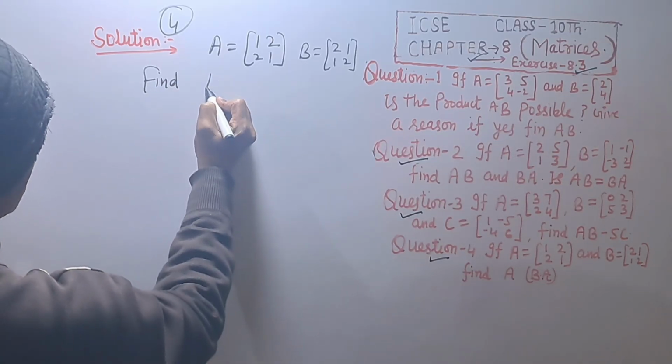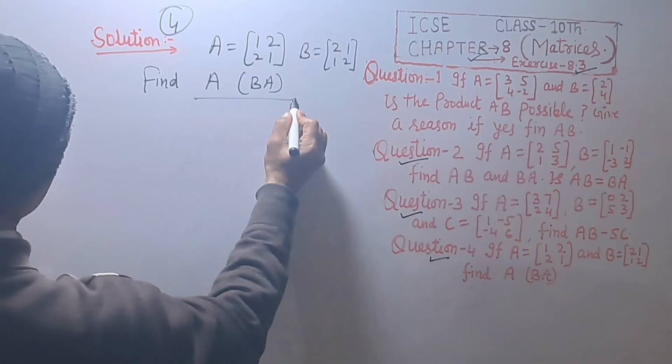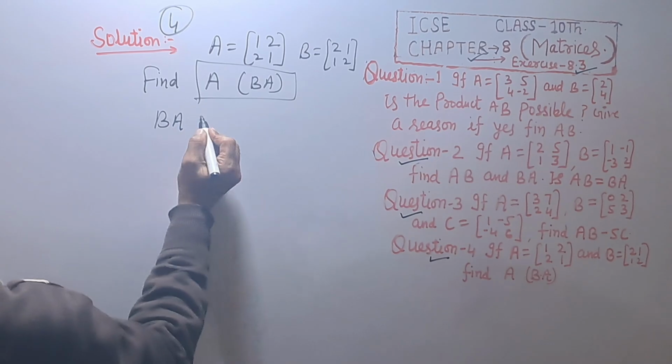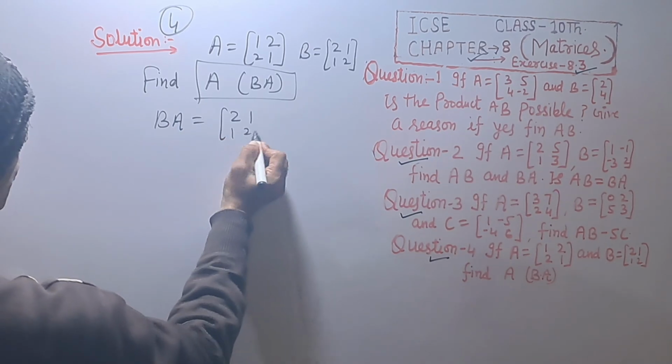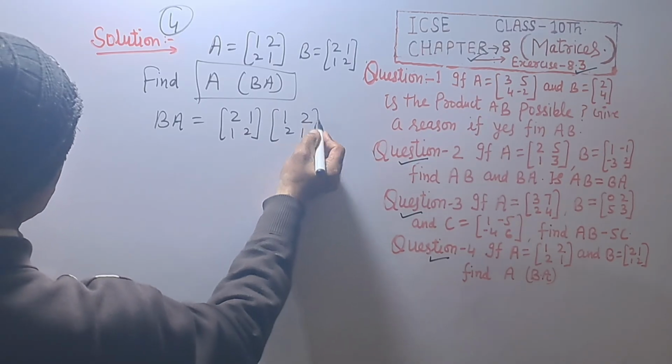Find A into BA. First we find BA, that is equal to B, which is 2 1 1 2, into A, which is 1 2 2 1.